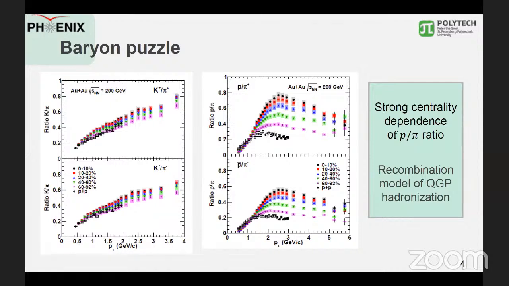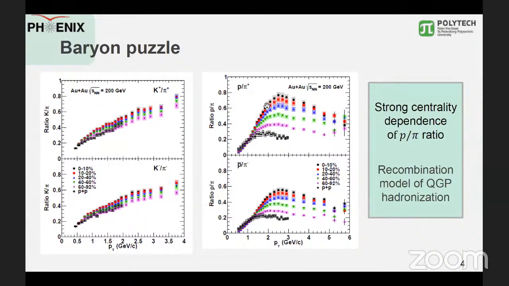However, in a large collision system, such as the gold-gold collision system, the value of the proton-to-pi meson ratio obtained by the PHENIX experiment reaches the value of 0.8, as can be seen in the figure.